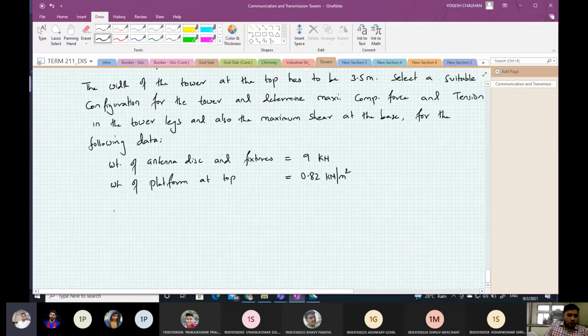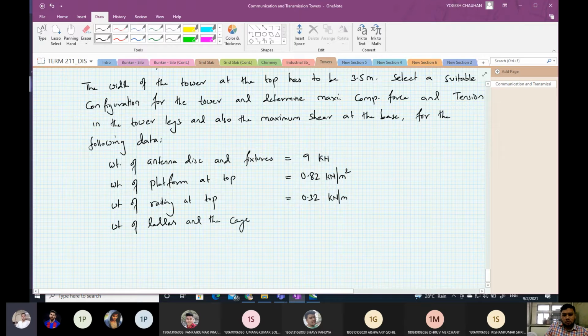The weight of railing at top is 0.32 kilonewton per meter. The weight of the ladder and cage is 0.65 kilonewton per meter.